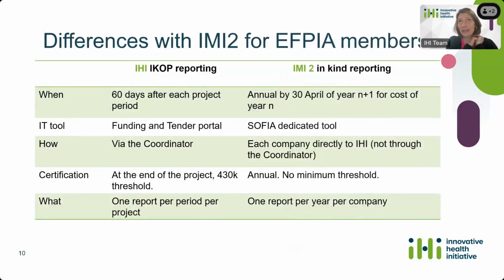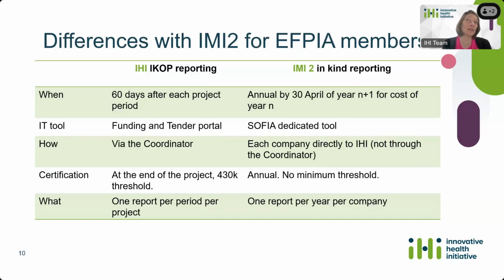Here is a slide just for FPR members, because it's a comparison between the IHI IKOP reporting and the IMI2 in-kind reporting. Since we only had FPR members involved in our IMI2 projects, it's in the interest only of those members, but I think it's quite important because there are quite significant changes from the IMI2 in-kind reporting to now the IKOP reporting on the IHI.